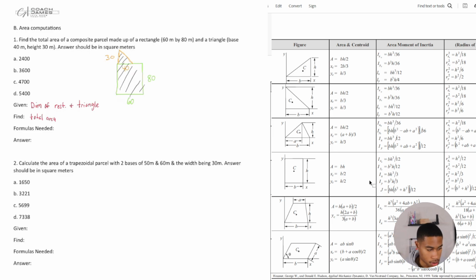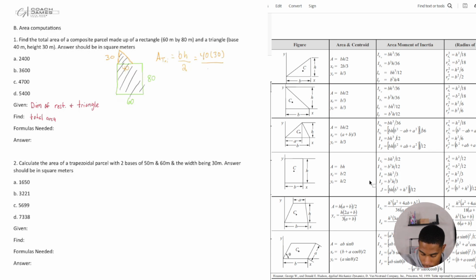Alrighty, so let's get into it. For the triangle, I'm just going to add them up separately. So the area of the triangle is equal to base times height divided by 2, which is equal to, what's our base? 40. What's our height? 30.